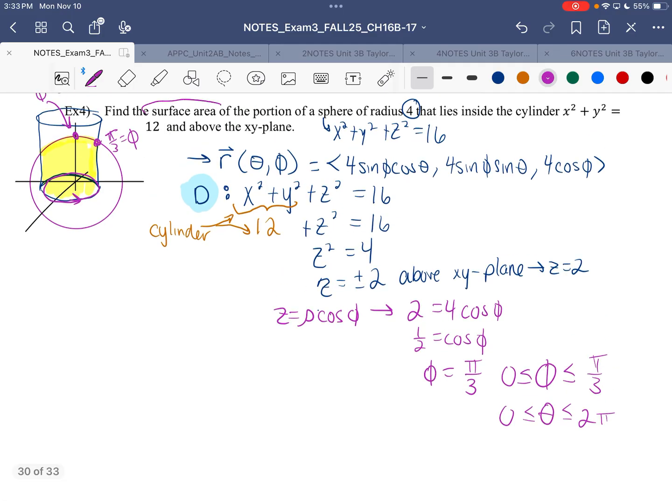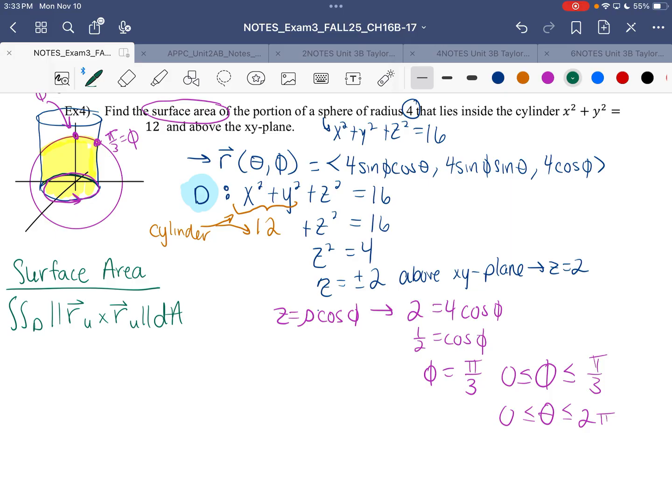Okay, we want to find the surface area. That's going to be the double integral of the magnitude of the partial derivatives, cross-producted. That's probably going to kill me. We're going to say u is theta, and v is phi from our vector function.